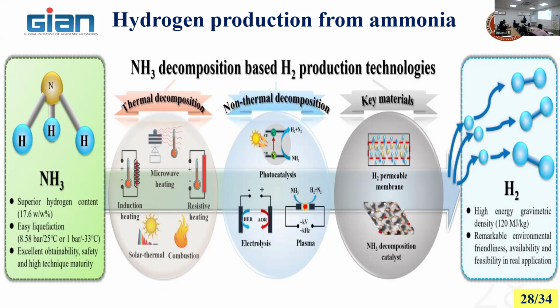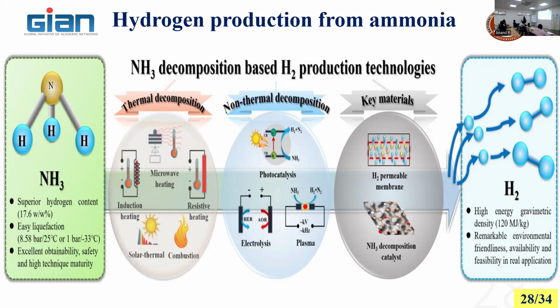The ammonia carries 17.6% hydrogen by weight. Ammonia is easy to liquefy, at 9 bar at a temperature of 25 degrees, or you can keep it at 1 atmosphere and minus 30 degrees to liquefy it. Excellent availability, safety, and high technical maturity. Then non-thermal decomposition, right?